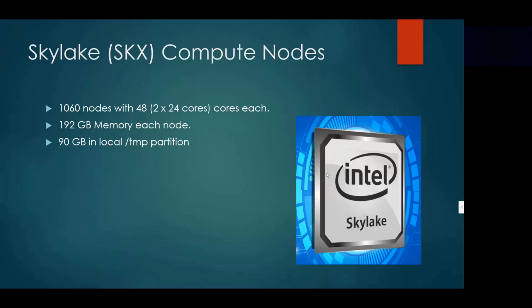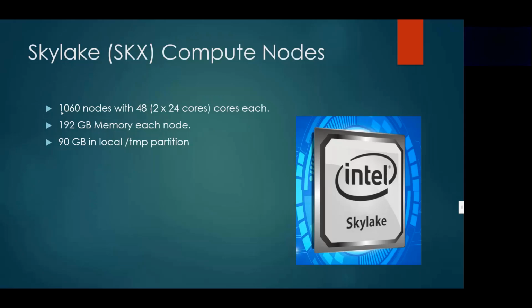This is the third architecture, they call it Skylake. It's also an Intel Xeon processor. You see, this one has 1060 nodes. This is a really big chunk of machines. Most likely you are going to run parallel programming. You want to use a large number of nodes simultaneously to run your job.